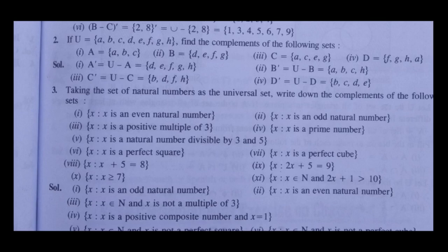So its answer is here downside. The complement of this set is X is an odd natural number. Suppose A is your set of even natural numbers, so its complement is odd natural numbers. See the second part. X is an odd natural number, so its answer is even natural numbers.